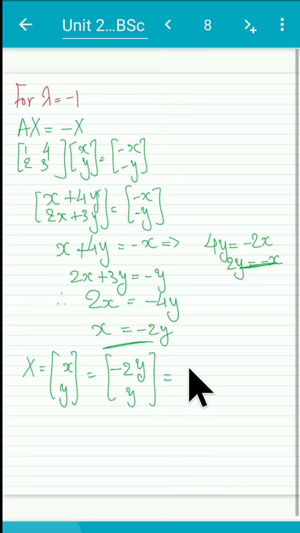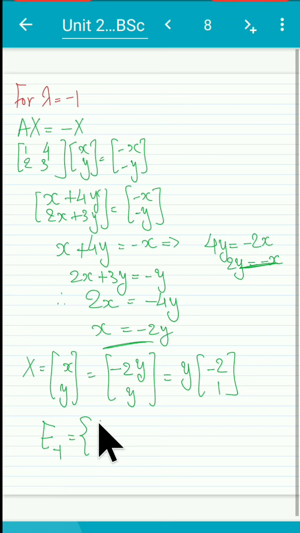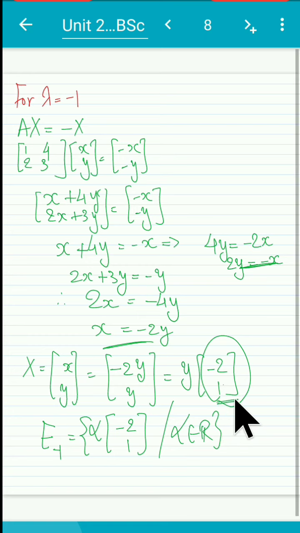So it is the same as y times (minus 2, 1). So my eigenspace for this minus 1 is alpha times (minus 2, 1), where alpha is any real number. This is an eigenvector, and any non-zero multiple of it is your eigenvector.